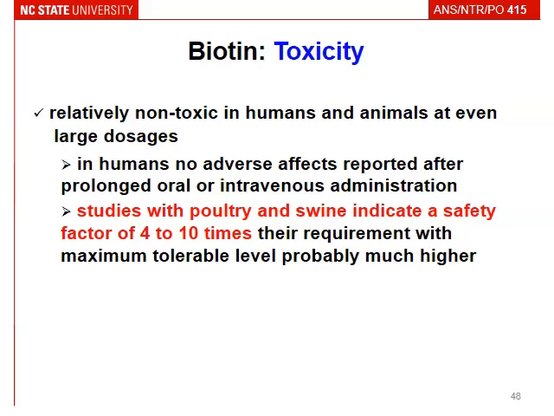In swine and poultry, we've seen that we can feed it at 4 to 10 times the requirement, and we haven't seen any adverse effects due to those high amounts of biotin. So our conclusion here is there is no toxicity of biotin in the majority of animals.